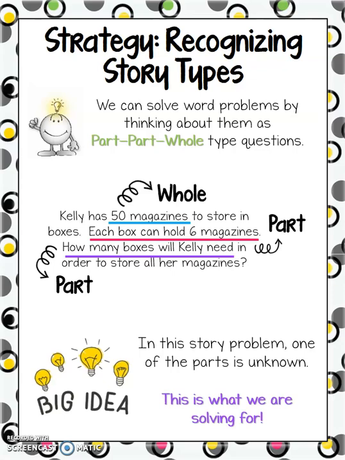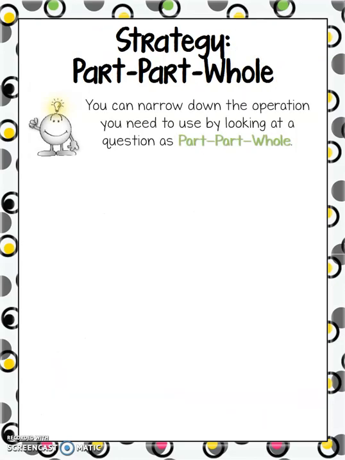So how can you figure out whether we need to add, subtract, multiply, or divide? Well, we can use that whole structure and ask ourselves a pretty simple question. When we narrow down the operation, we can look at it by thinking, do I know the whole? So just like when we looked at that problem about Kelly, I started by looking for the whole or the amount that we have.